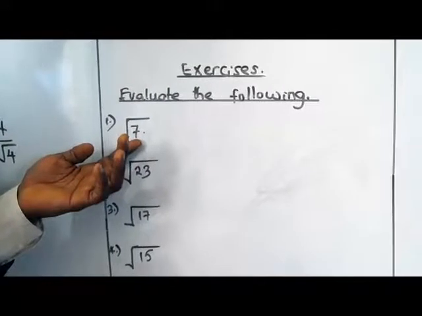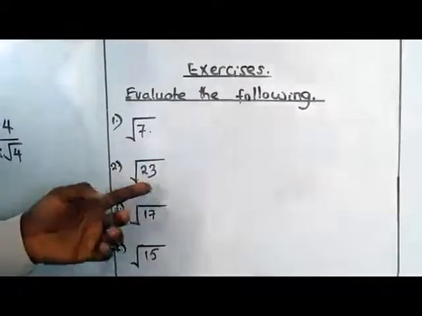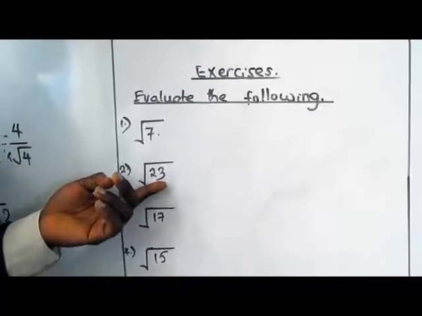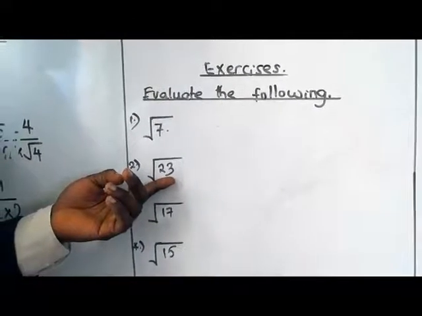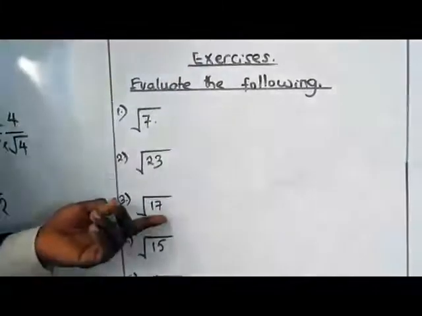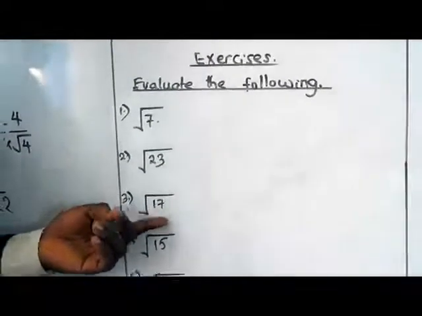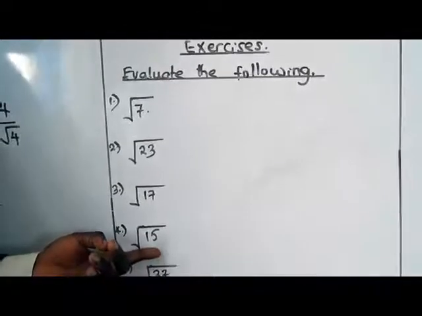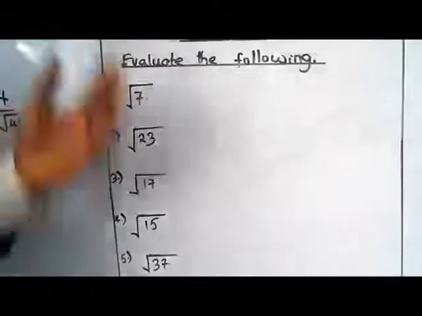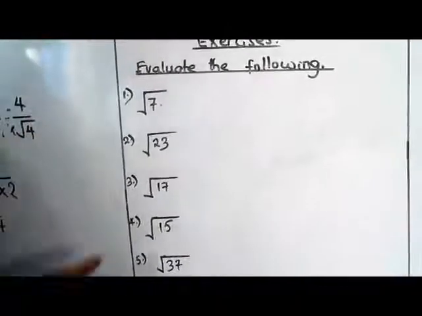What did you get? 4. Very correct. Thank you very much. And for this one, you need the next lower perfect square. What would that be? 16. That is very correct. Thank you. For 17, 16. For 15, 9. For 37, 36. So with this, you don't have any problem solving these questions.